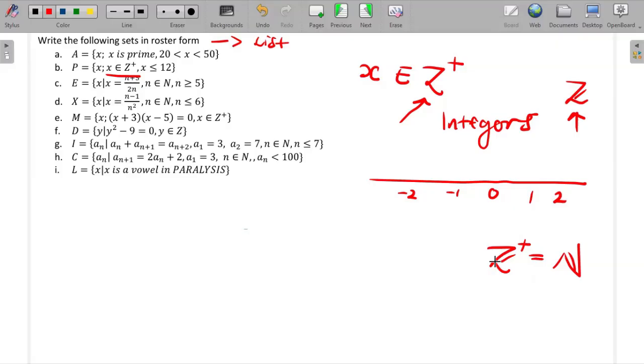I remember the other week I sent the video on sets of numbers, the different numbers that you have to know. What are natural numbers? What are integers? All those things I explained in that video. So now the integers, the positive ones are the same as natural numbers. So natural numbers, or positive integers, just start at 1, 2, 3, 4, until forever, wherever you're going to end counting.